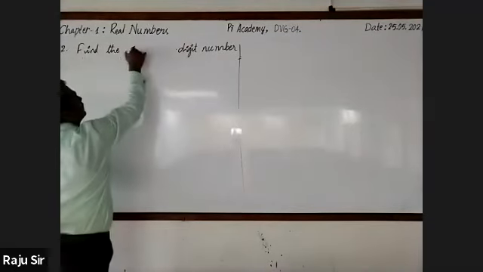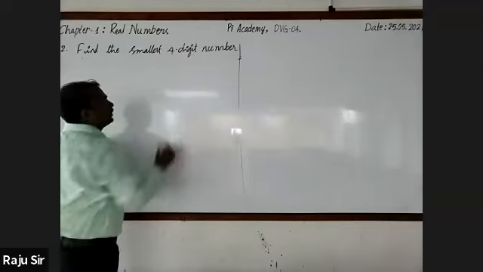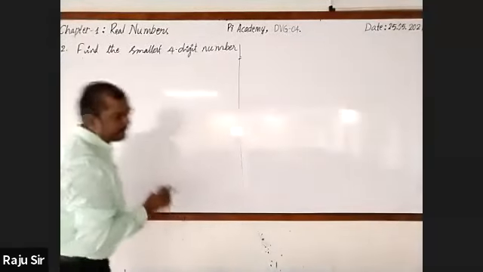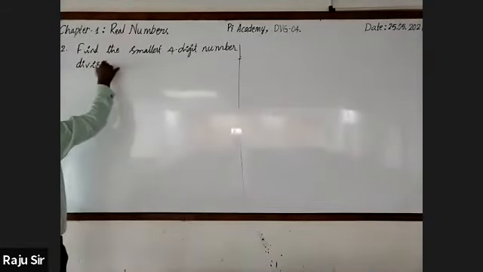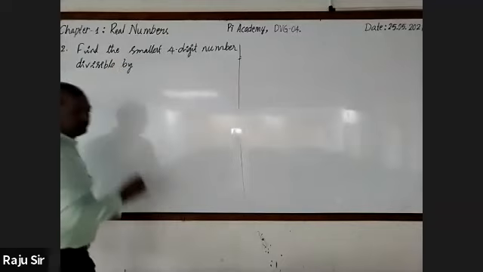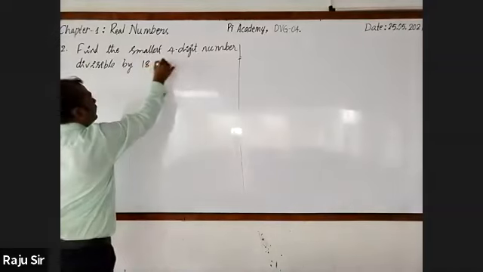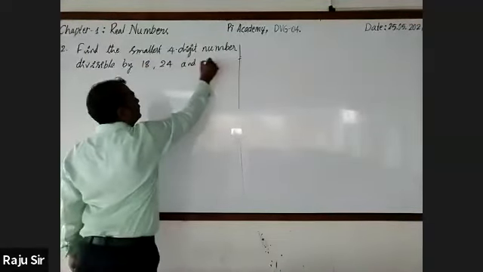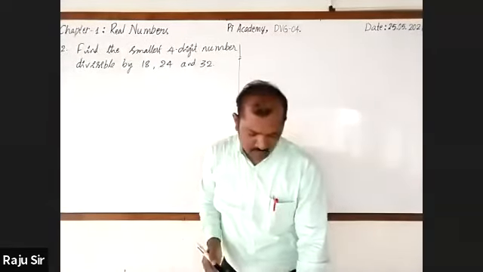Find the smallest four-digit number divisible by 18, 24 and 32.